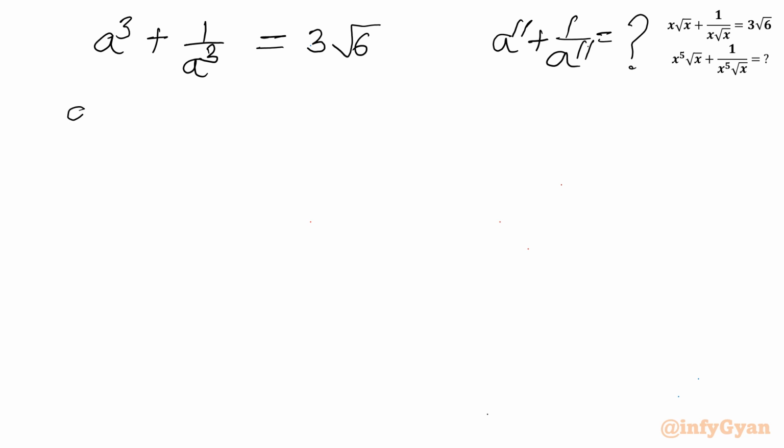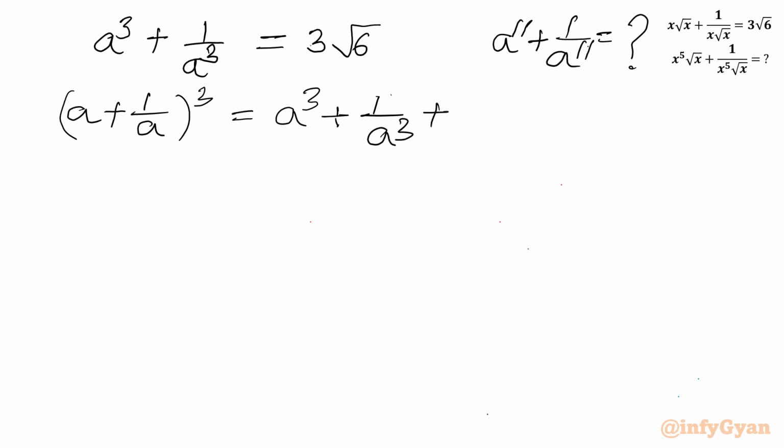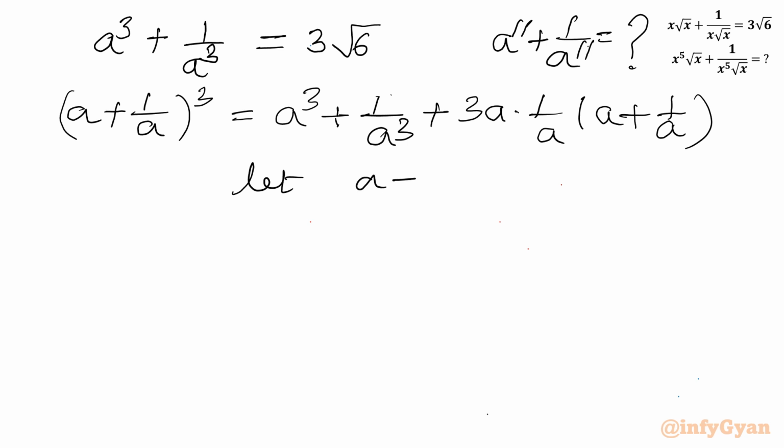Okay, I will write here one identity, one general formula, a plus b whole cube. So it will be a cube plus b cube plus 3ab, that means a times 1 over a, in bracket a plus b. So a plus 1 over a. Better is to consider a plus 1 over a as k.